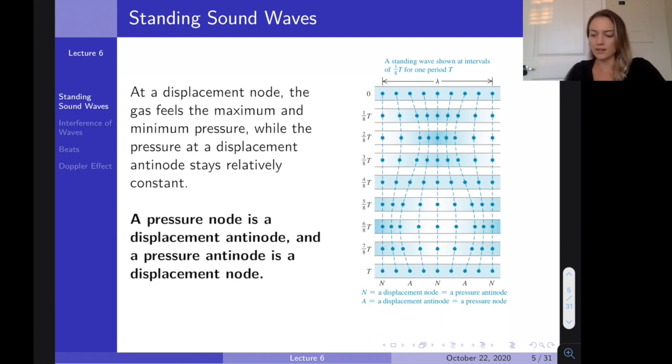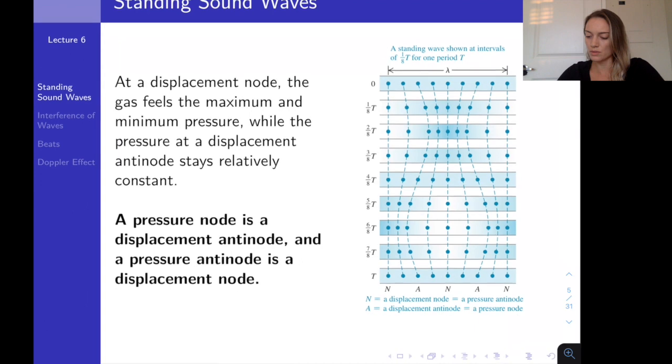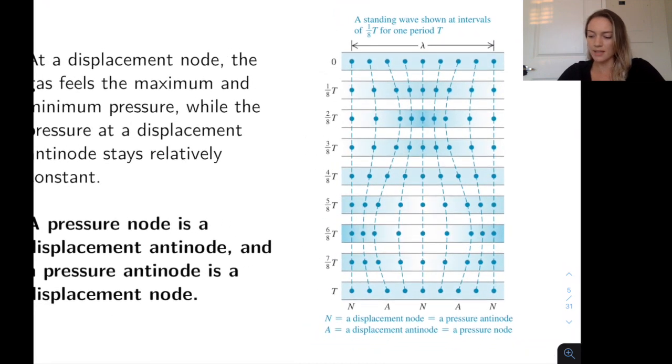And you can see that here in this picture, so we'll zoom in a little bit. Here we have a standing wave going through one full period, so t is equal to 0 to the period here. And these N and A denote displacement node for N and displacement antinode for A, which is going to correspond to a pressure antinode and a pressure node since they're opposites.